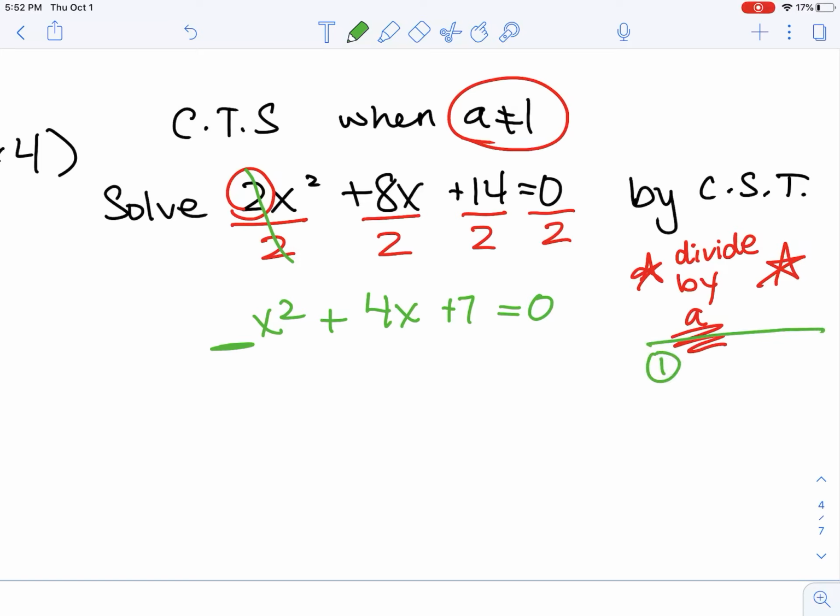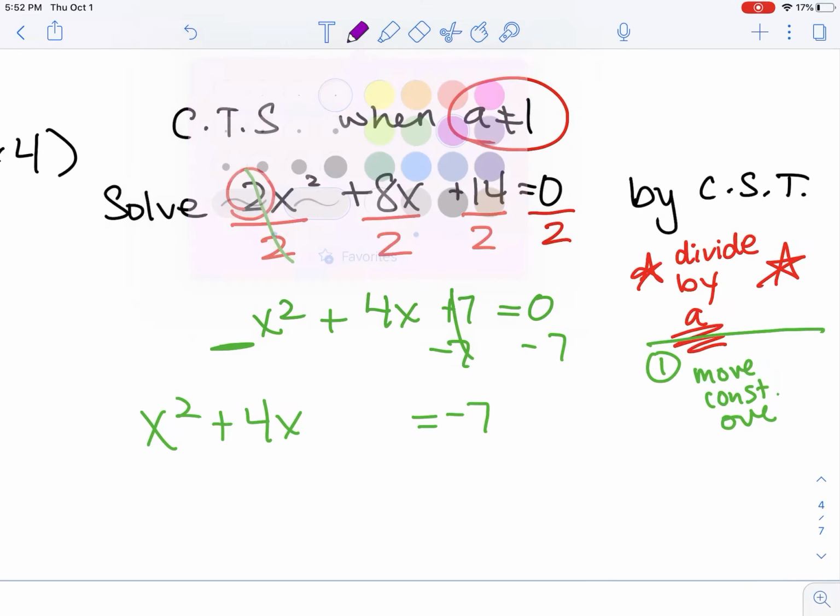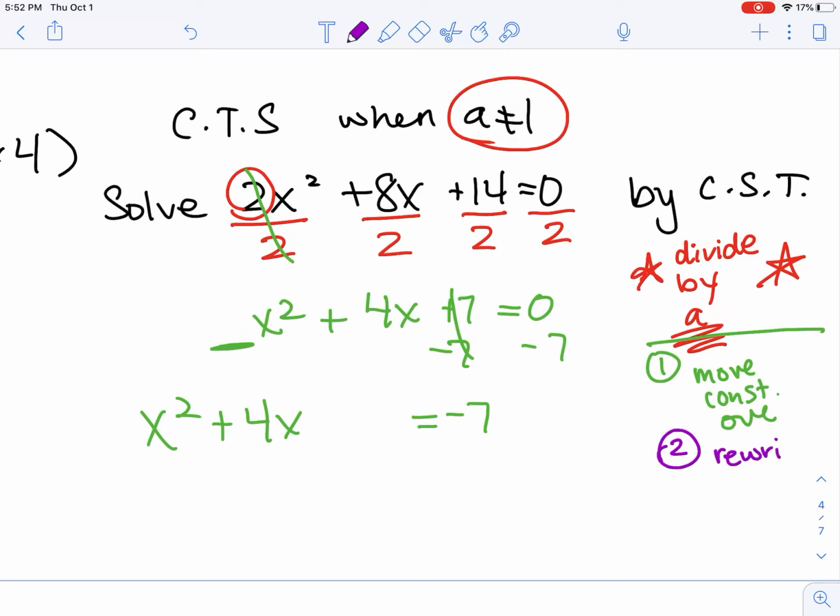So now we can complete the square with the same steps that we had before, where we move the constant term over. So we're going to move the 7 over to the other side. So we've got x squared plus 4x equals -7. Our step 2 is we're going to rewrite it with spaces, to balance the equation.